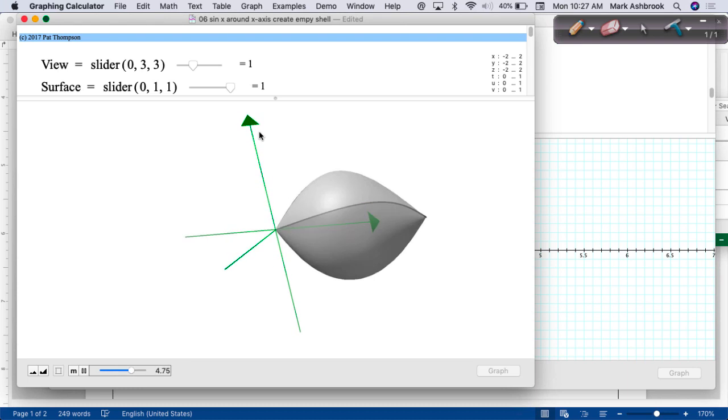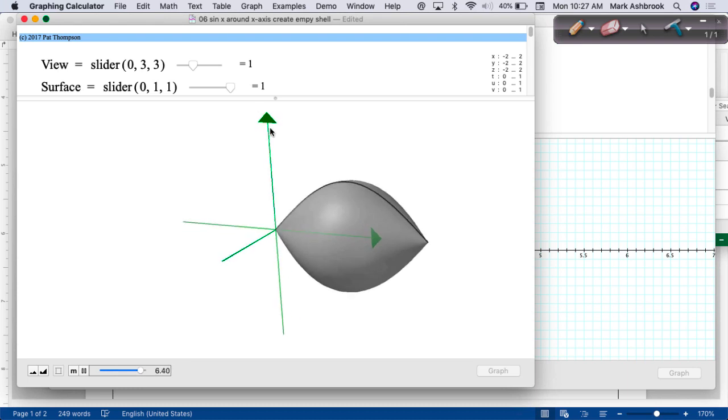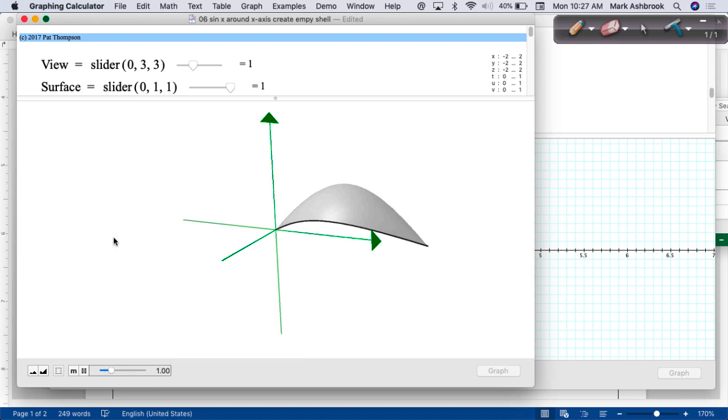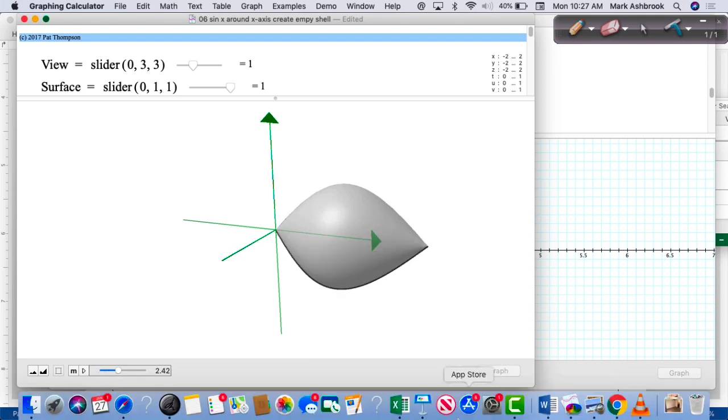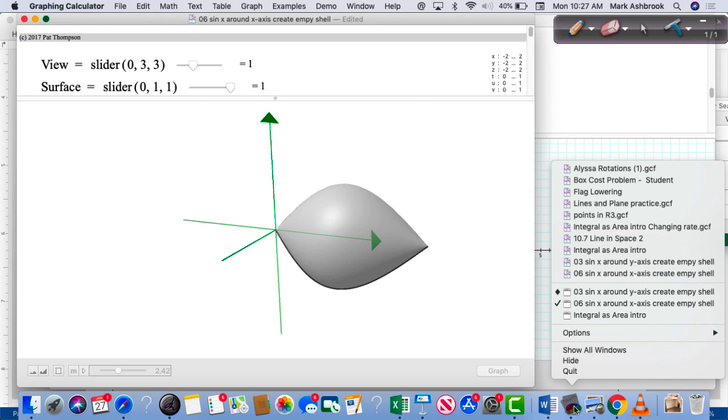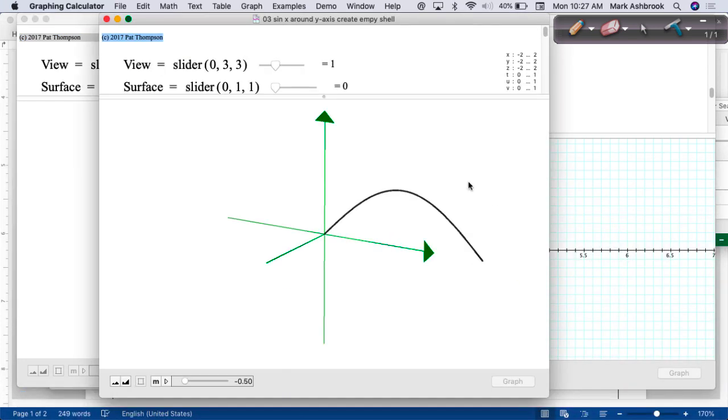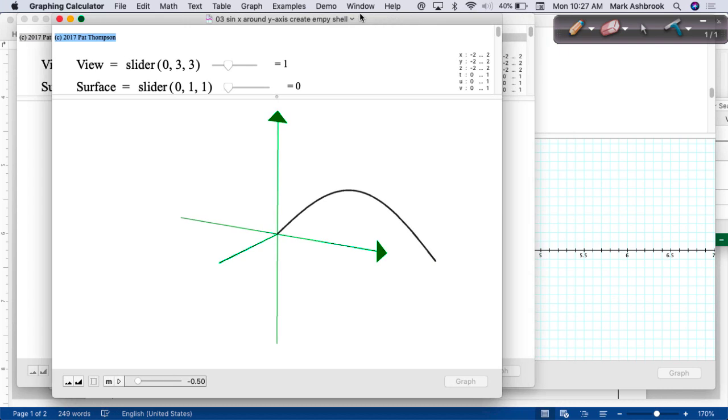So I could also rotate that about the y-axis. Will you get the same kind of shape if you rotate around the y-axis? Totally different. Am I going to get a football this time?